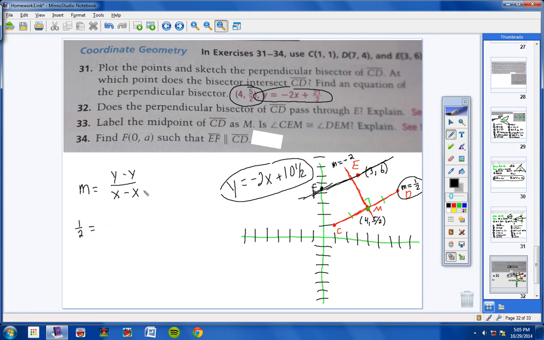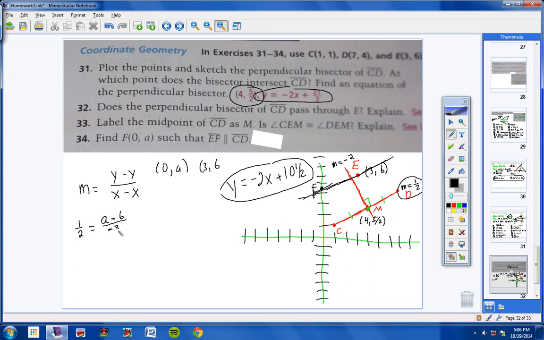Now, I do have 2 points. One point is 0A. The other point is E, which is 3, 6. So look what I'm going to do. Y minus Y. A minus 6. X minus X. 0 minus 3. Now, students, 0 minus 3 is negative 3.